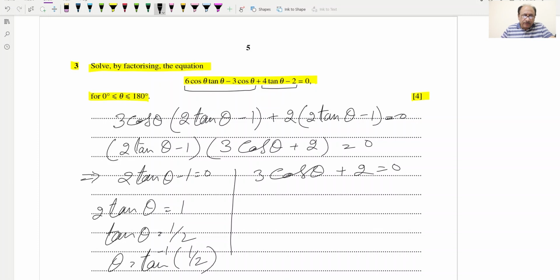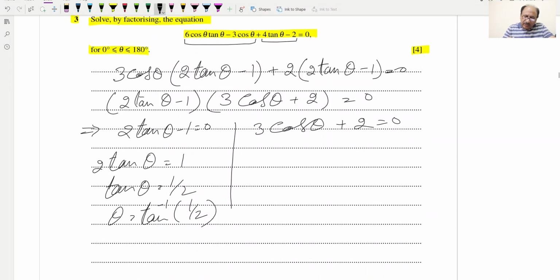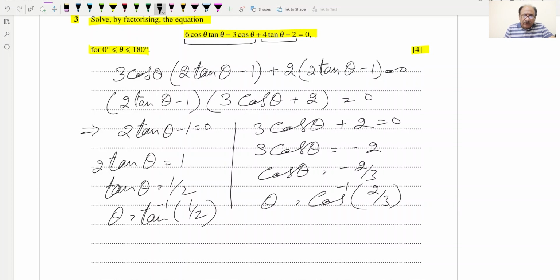So this is for this side, and for the other side, if we solve 3 cos theta is equal to minus 2, cos theta is equal to minus 2 over 3, and theta will be equal to cos inverse of minus 2 over 3. Now we can find the values.